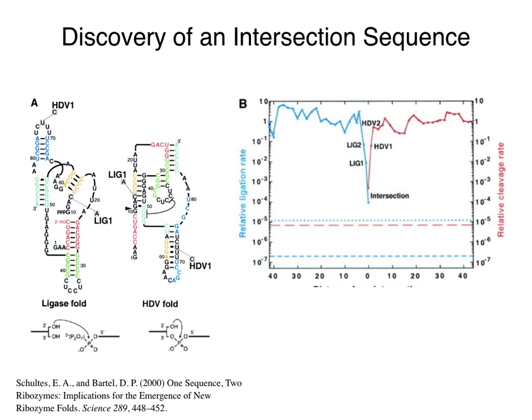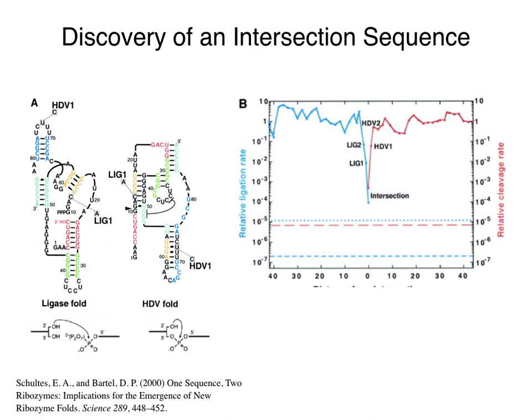And when he took it to the lab and made it, he found that it indeed had low but detectable activity for both ligation and self-cleavage activity of the HDV ribozyme. And then he further made intentional mutations that favored the HDV fold in red and showed that he could connect all the way to the prototype HDV sequence, or the wild type, through a series of mutational steps.